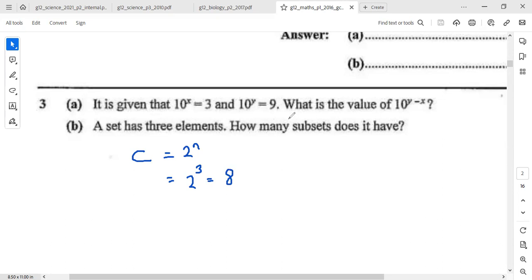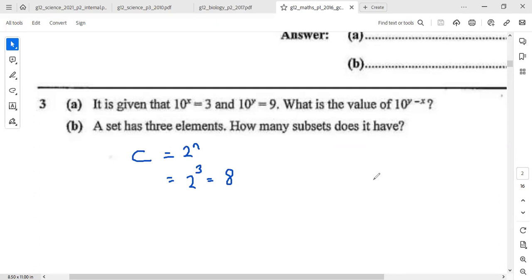Then we have what we call proper subsets. A proper subset is a set that contains at least one, but not all the elements. An empty set and a set that has everything are not considered proper subsets.